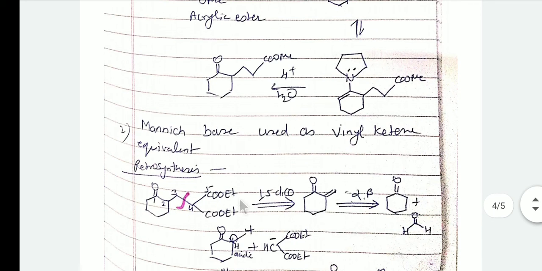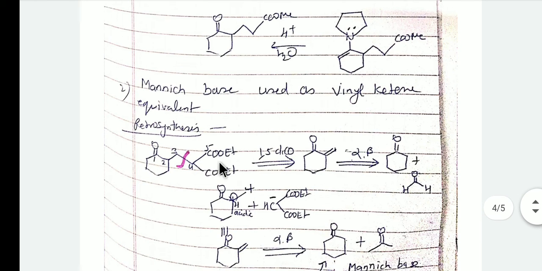Mannich base is also used in place of vinyl ketone equivalent. For example, in the retrosynthetic analysis of this type of compound, when we take the disconnection approach, this is a 1,5-difunctionalized compound, with two functional groups, one C=O here and one C=O here.